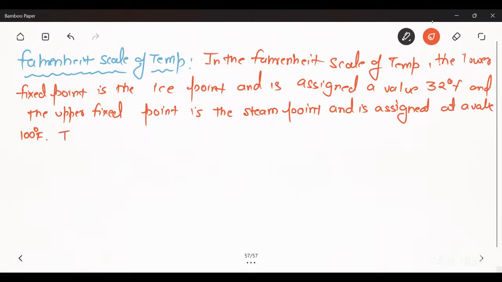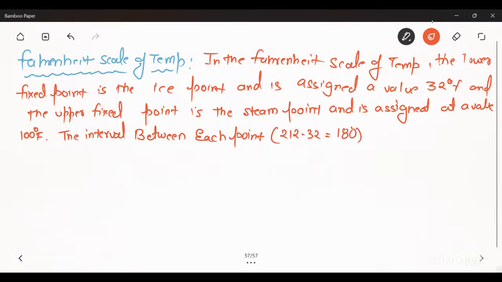The interval between the two points is 212 minus 32, that means 180.